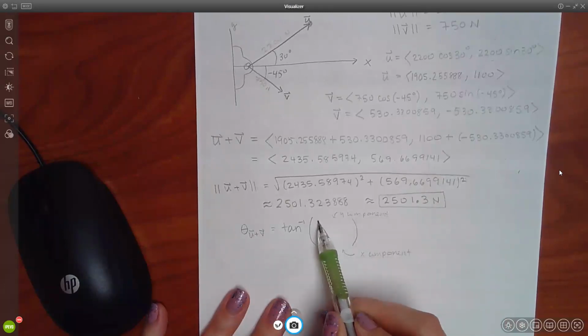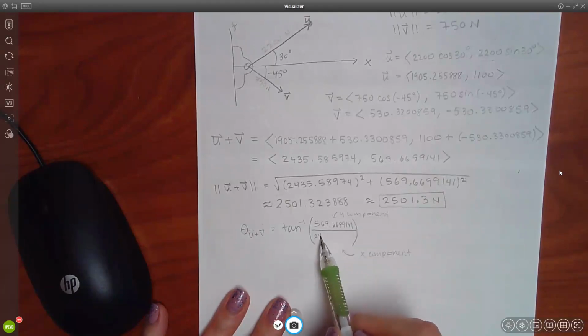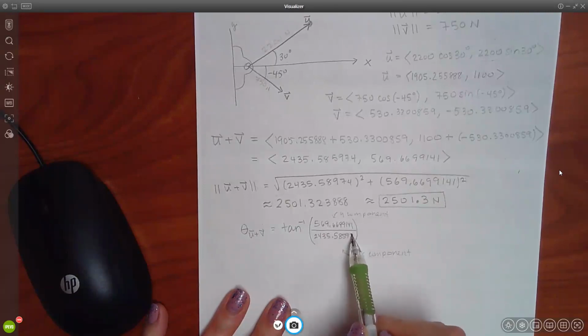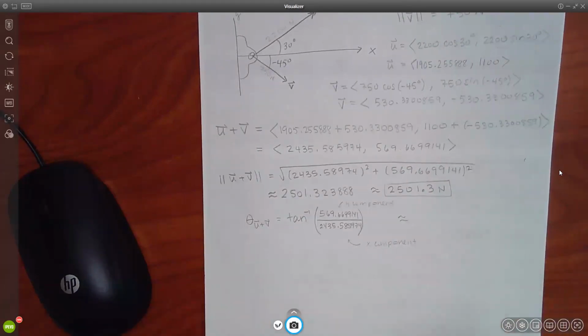So in this case, that would be the 569.6 and all of that over the 2435. Okay, and I don't know what I'm going to get, but I do have my calculator in decimal mode, so let's see.